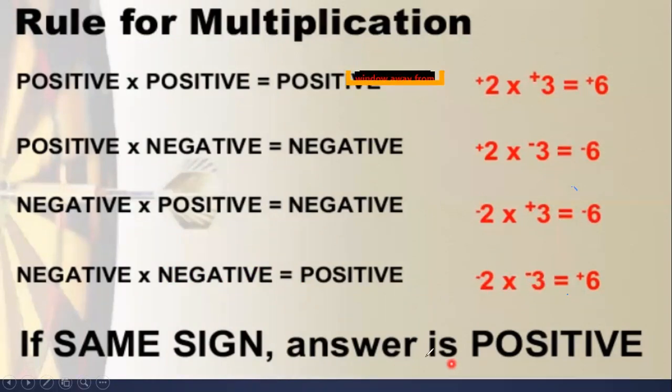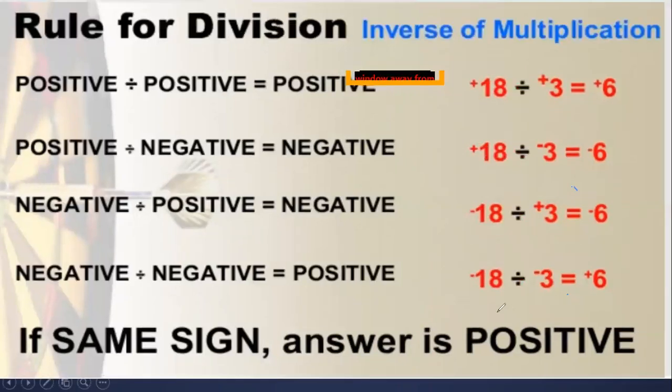If the signs are different, the answer will always be negative. Division is similar to the multiplication rule: if the same sign is used, the answer is positive, and when the signs are different, the answer is negative.